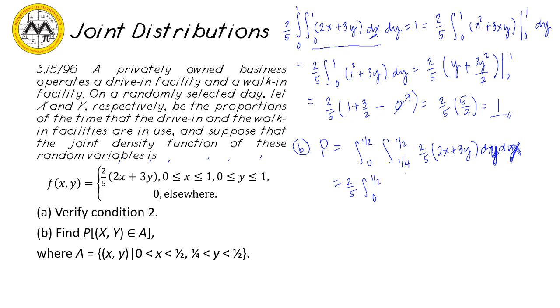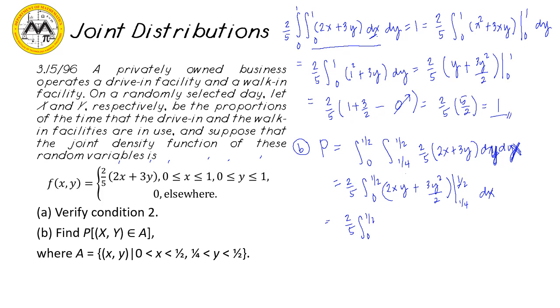Then integrating with respect to y, that would be 2xy plus 3y squared over 2, from 1/4 to 1/2, dx. So this would be 2 over 5 integral from 0 to 1/2.